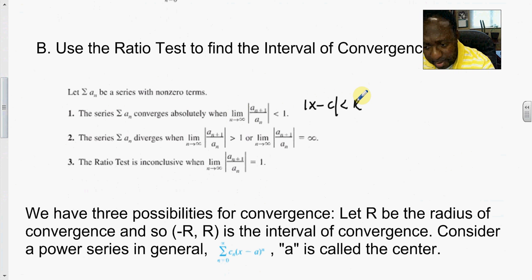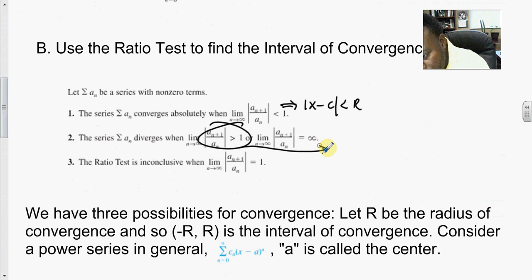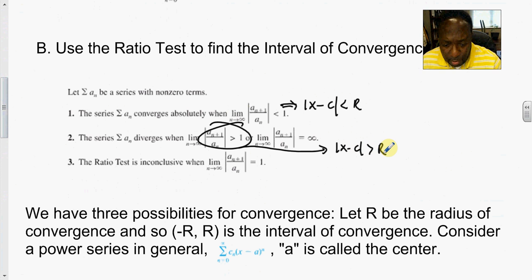We're going to build that based on the ratio test. And then for divergence, we build here that the absolute value of x minus c is greater than r. It comes directly from the ratio test. The ratio test, you recall, is inconclusive when the limit is equal to 1.